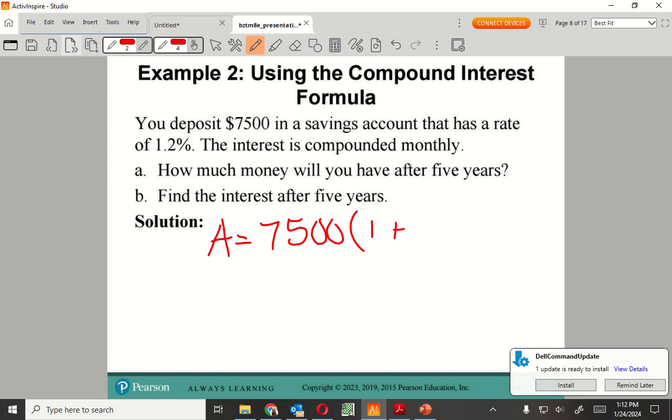What am I going to write for my rate? 0.012, like that? Good. Over 12, very good. Close, raised to the 12 times how many years? 5. There you go, 5 years.